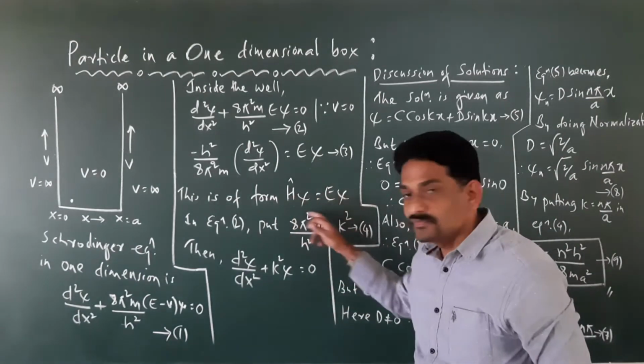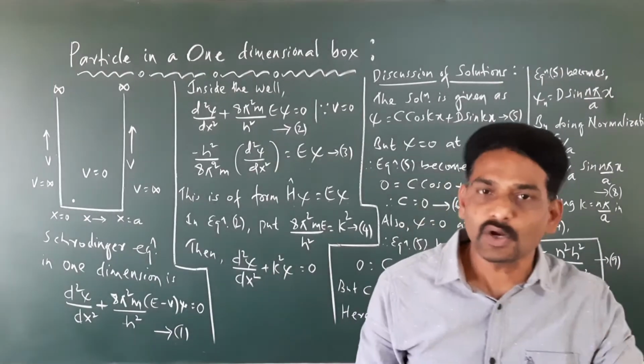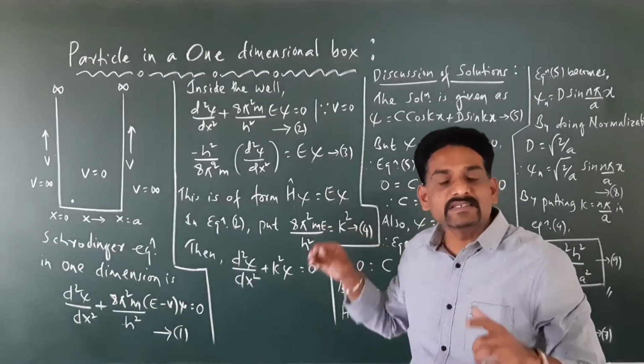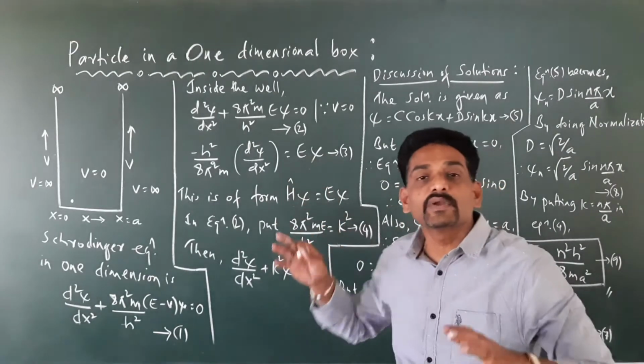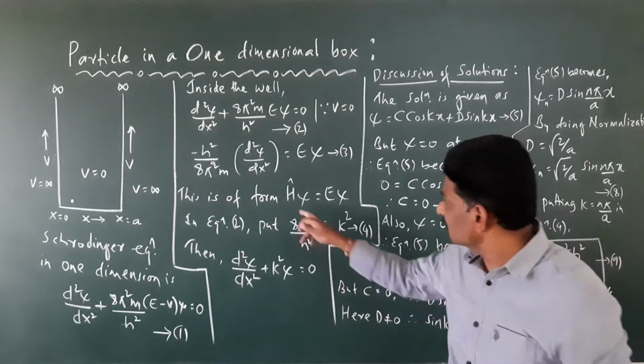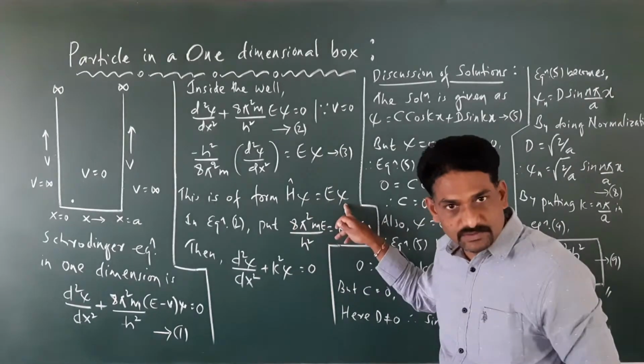An equation of this form is going to give us an eigenvalue as per quantum mechanics. So once you say this is of this form, it is sure that from this equation we can calculate the energy of the particle. So that eigenvalue is confirmed by this equation, right?